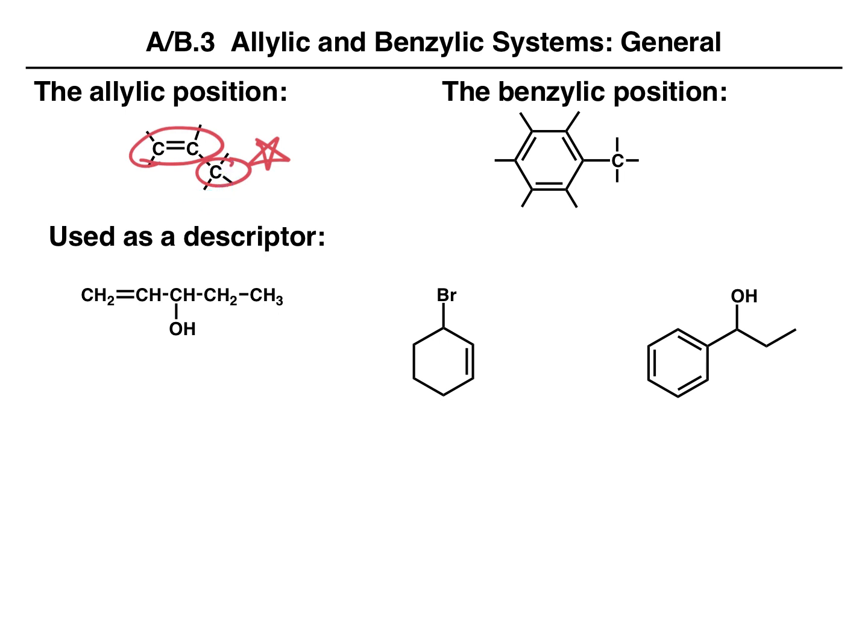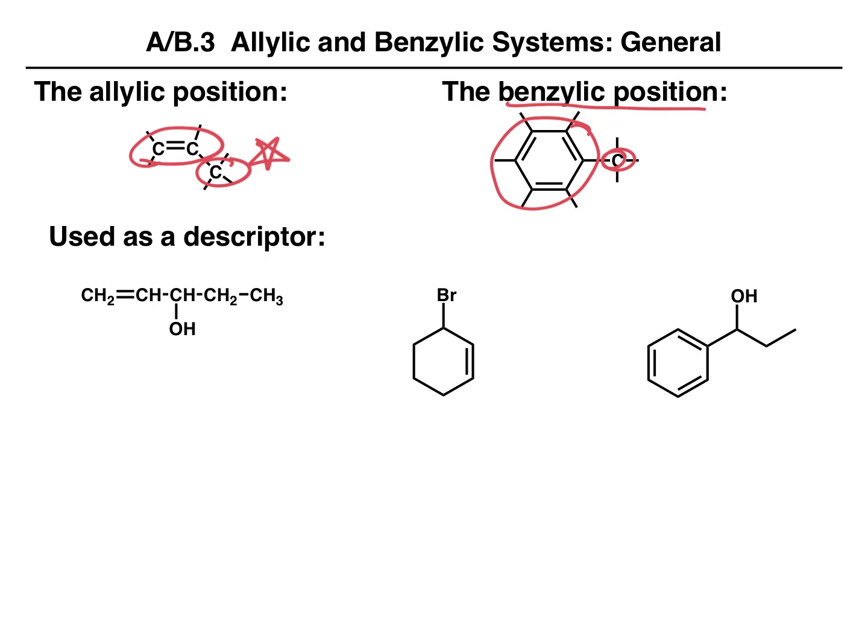Another group that's important to consider is the benzylic position. This is our benzene ring, and what's adjacent to it is called the benzylic position. So this is the benzylic carbon, and then we might have connected to it benzylic hydrogens or a benzylic alcohol or whatever it is that is connected here.